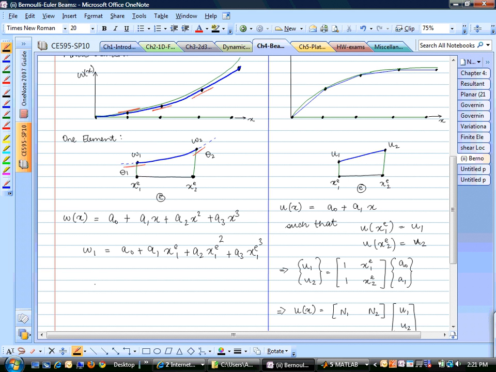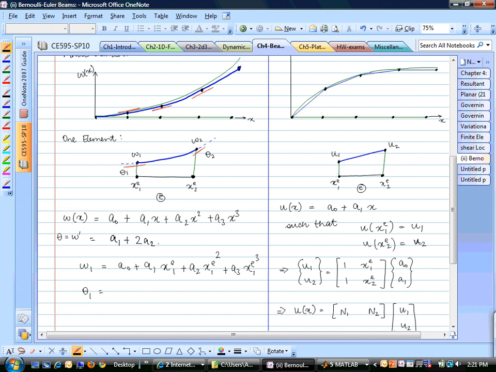So similarly, you will have theta 1, which is the derivative of w, because we have that theta is equal to w prime, which is equal to A1 plus 2 A2 x plus 3 A3 x square.